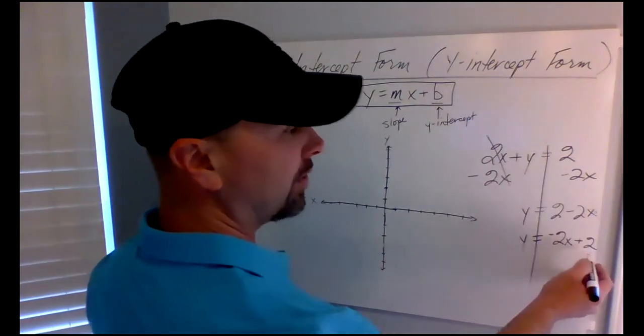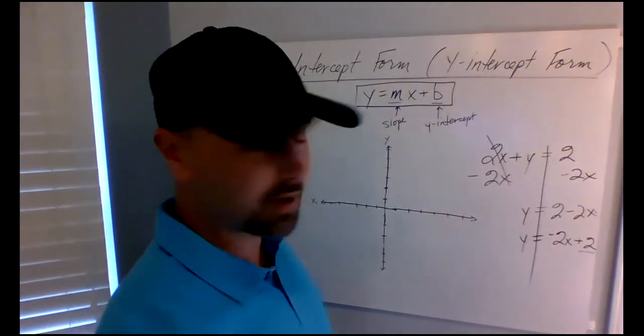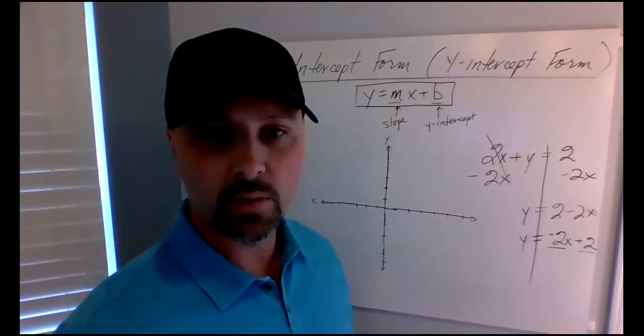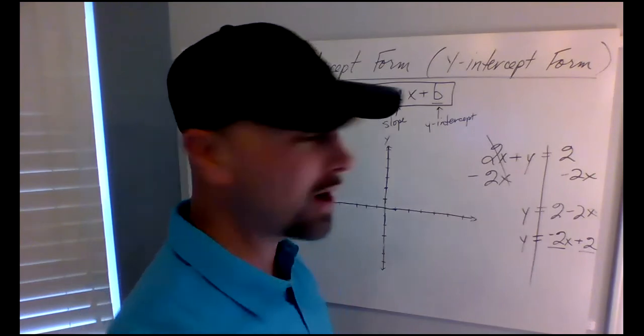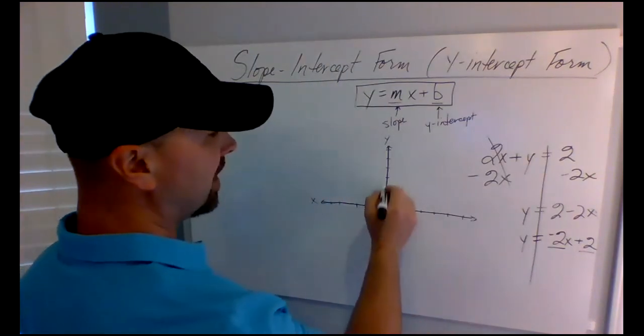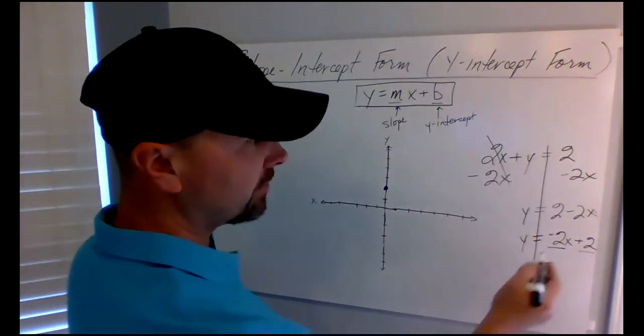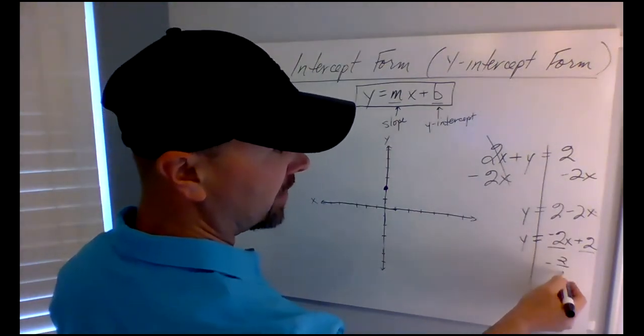All right, so the y-intercept is a positive 2. The slope is a negative 2. Where do we begin? We begin at the y-intercept. We know the line crosses at positive 2. From there, we're following the slope.